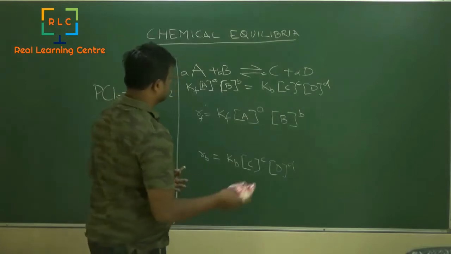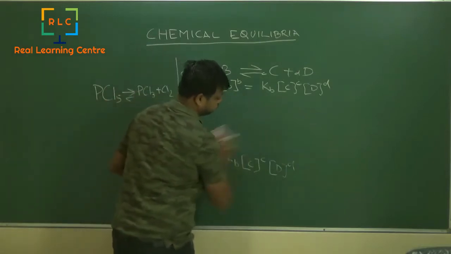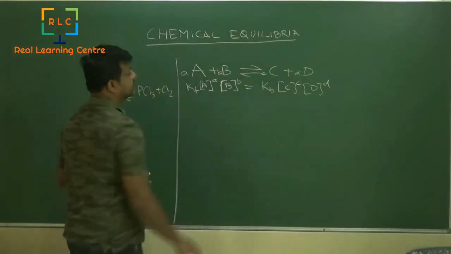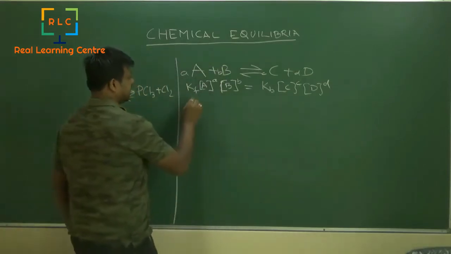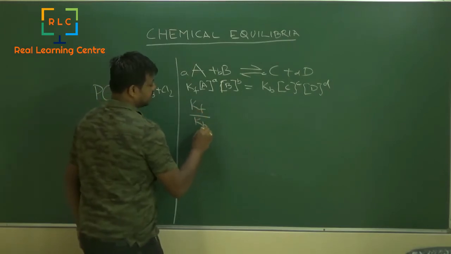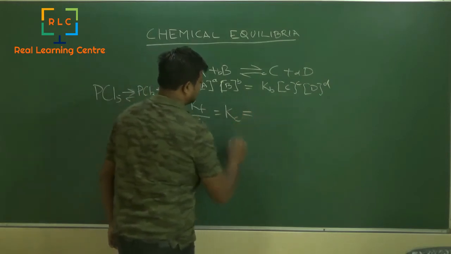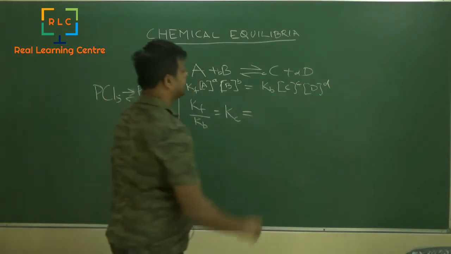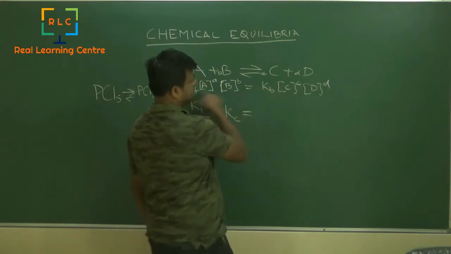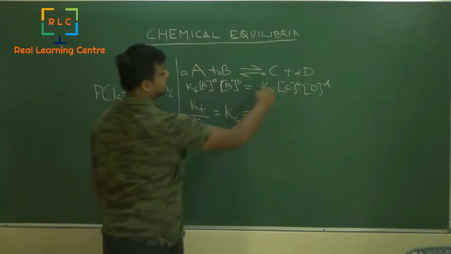Okay, so let's find the ratio of these two. If I divide Kf by Kb, this is called the equilibrium constant of the reaction, also known as Kc, and this will be given by Kf by Kb. So Kb comes to the left hand side, and we'll take the A and B terms to the right hand side.